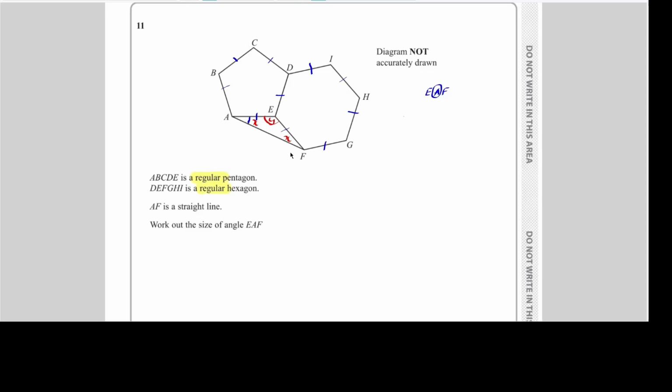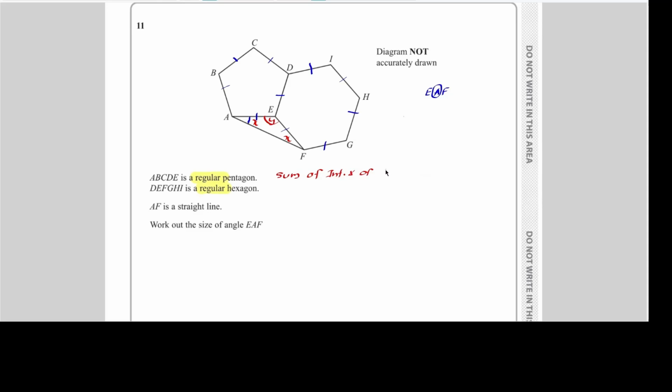Now, the formula for the interior angles of any polygon, sum means in mathematics, addition. Addition of interior angles of the pentagon. So let's get the common formula first.